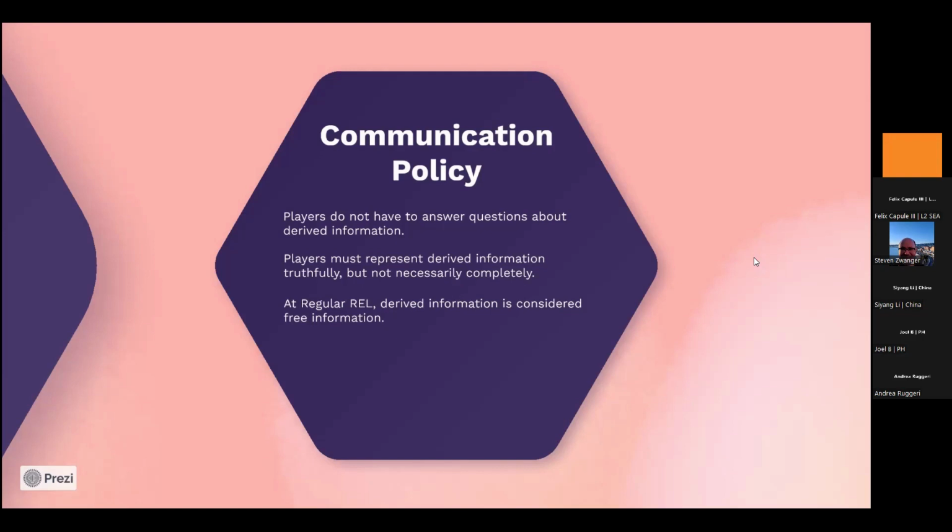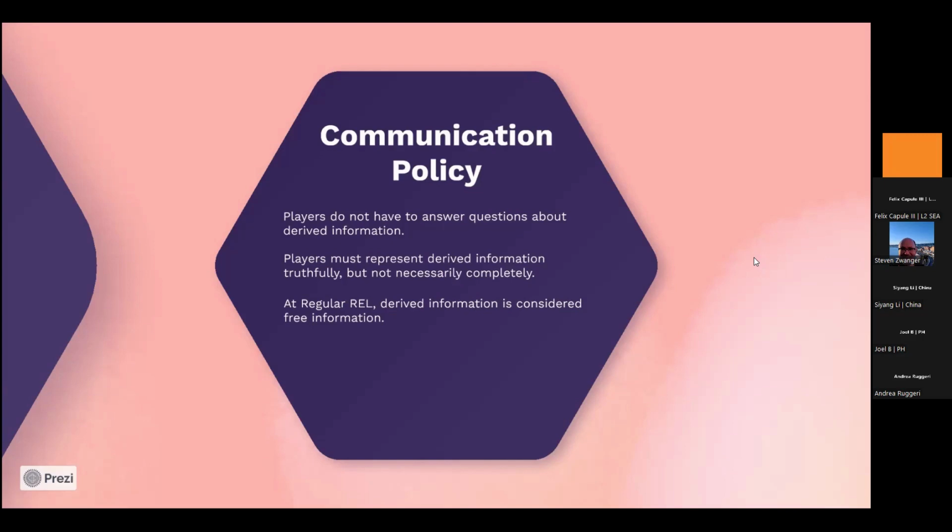So for example, if you ask, what does that card do? You can say, well, this is a planeswalker. It has this +1 ability that bounces a card to your hand. Now, that statement doesn't say anything about the planeswalker's other abilities, but it's still a true statement. That's all that is required by communication policy.